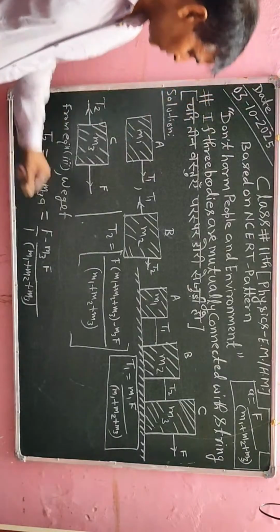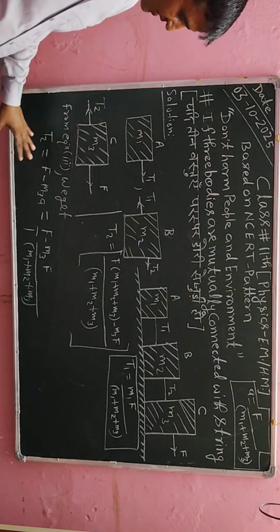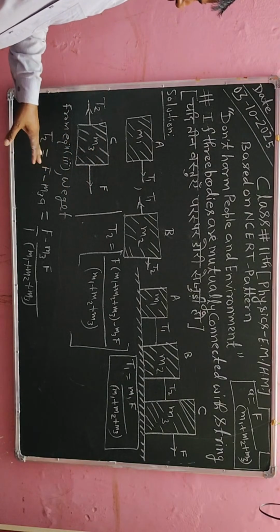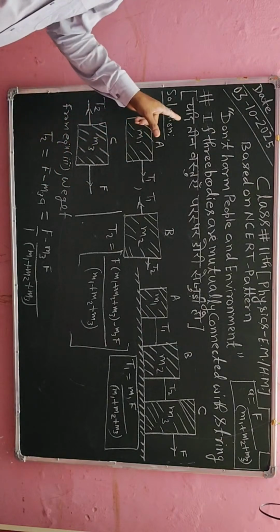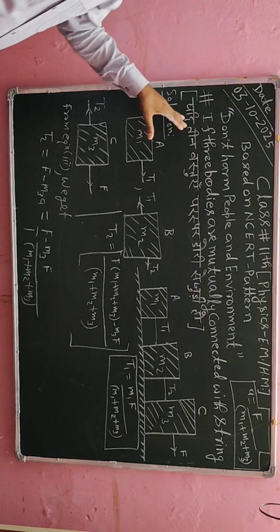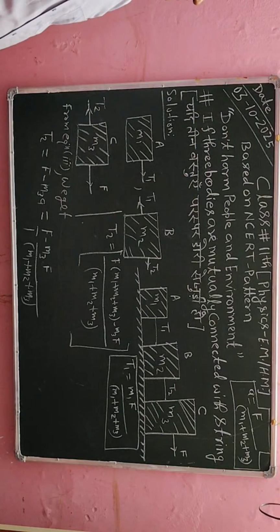Okay, so that value I will also calculate. For the data below I will erase, and after erasing I will simplify the above data, and after simplifying I will get the value of T2, which is the requirement of the topic. The topic is if three bodies are mutually connected with string.